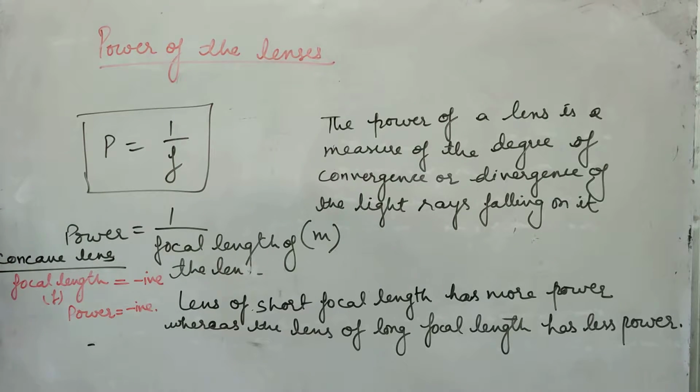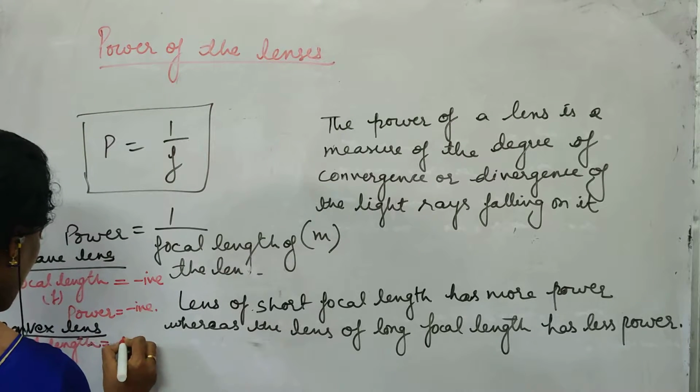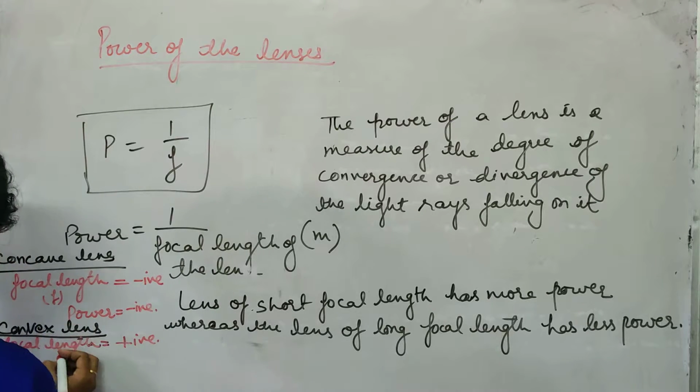But in the case of the convex lens, the focal length will be positive.